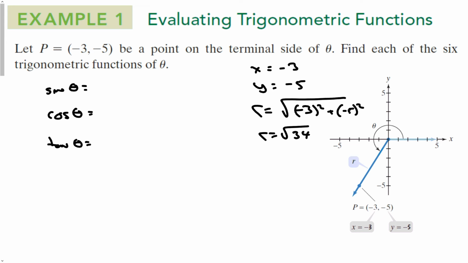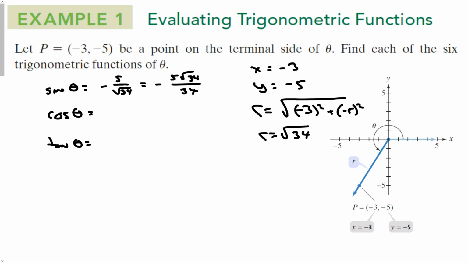So the sine is, y is negative, so it's -5 over the square root of 34. I think you know that we can't leave it like that. So it's -5 square root 34 over 34, if I multiply the top and the bottom by the square root of 34.